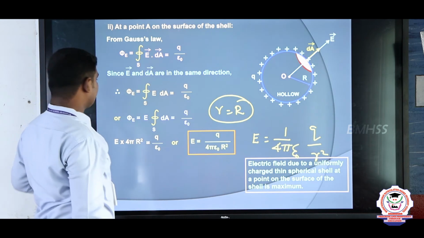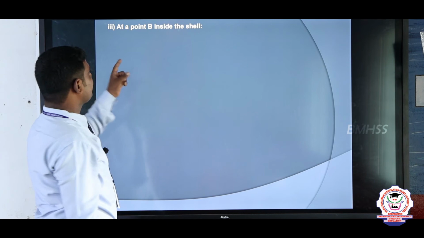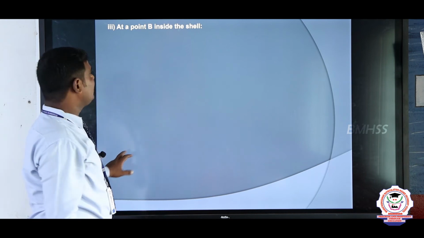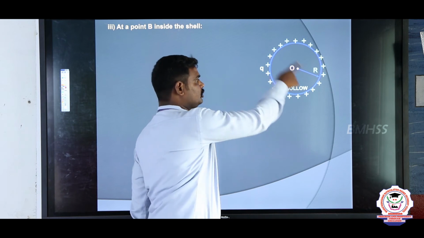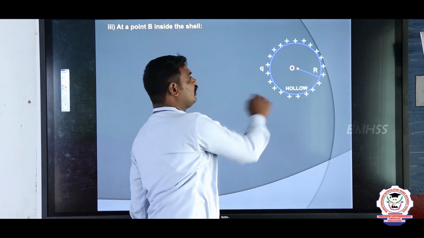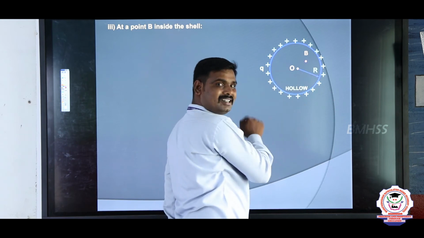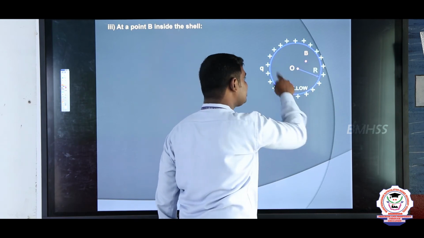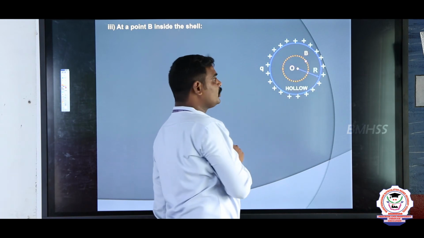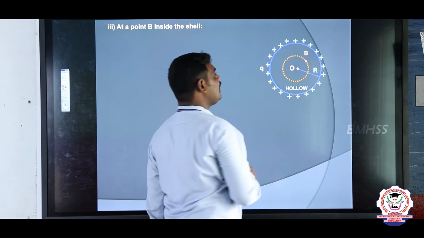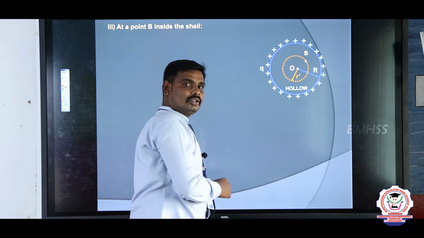And the third condition, inside the shell. This is a charged hollow sphere of radius capital R. Now let us take a point P and a Gaussian surface inside the shell, inside this sphere. In this sphere, the electric field is equal to 0.